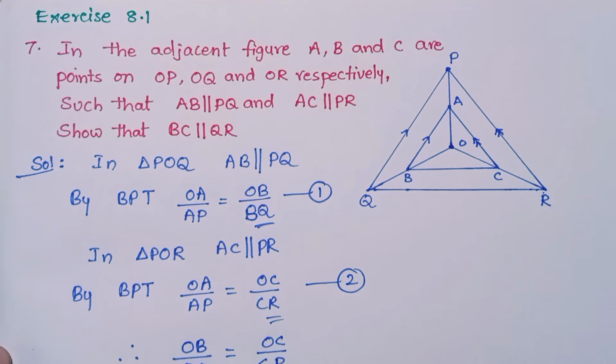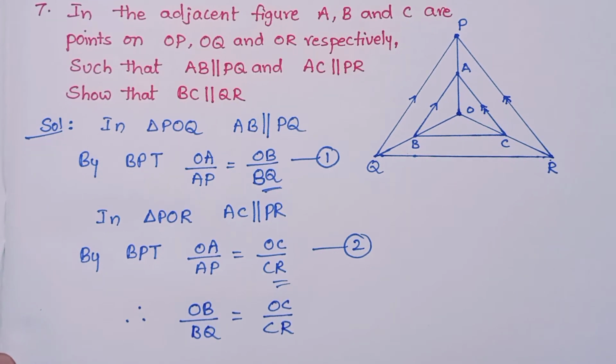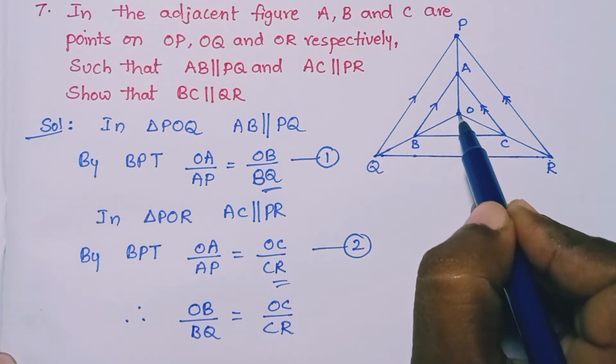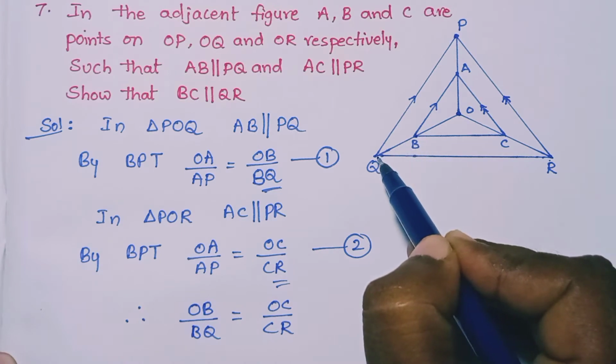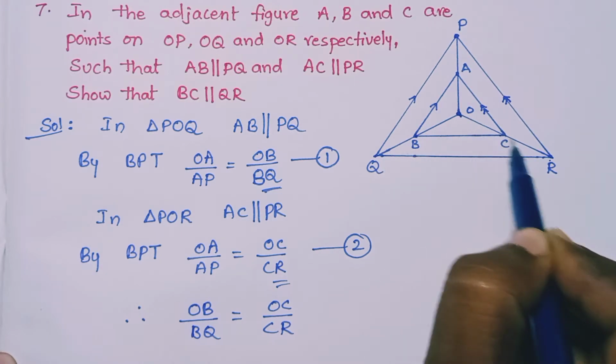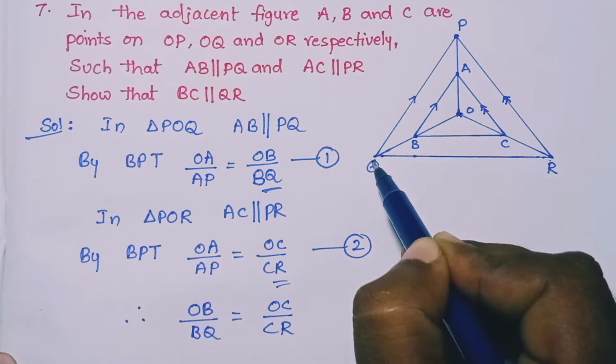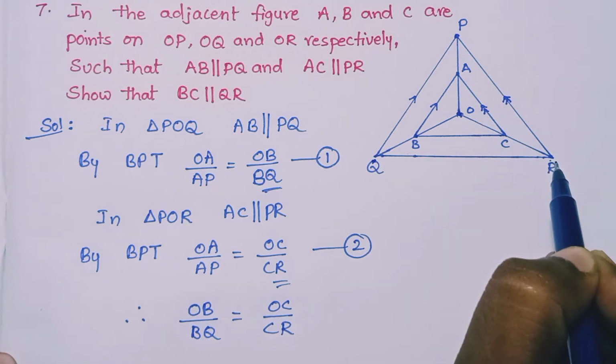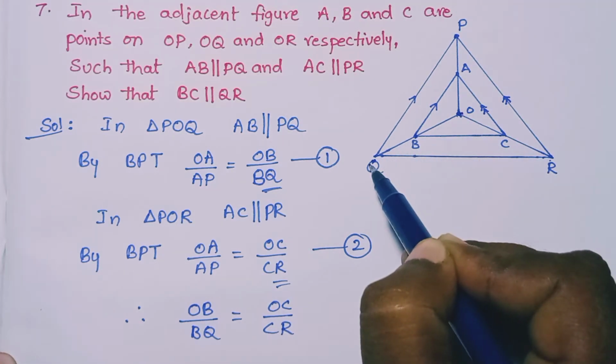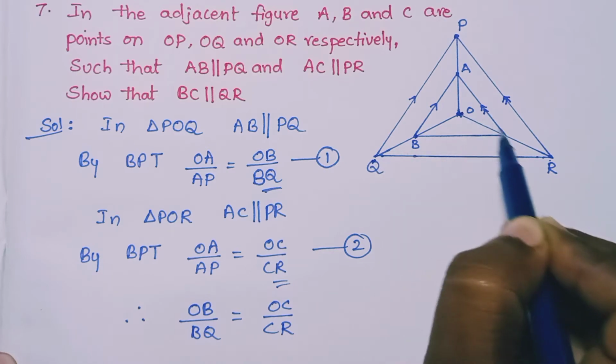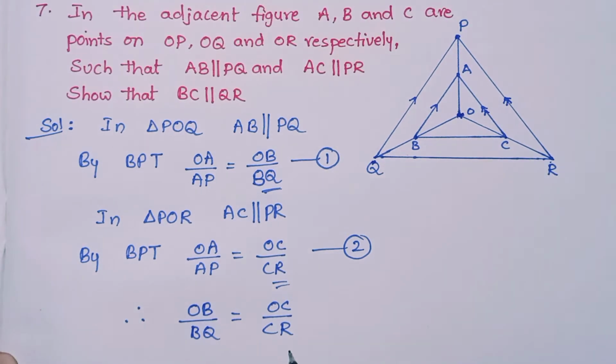Now observe the diagram. In the triangle QOR, OB by BQ is equal to OC by CR. That is the result we obtained.